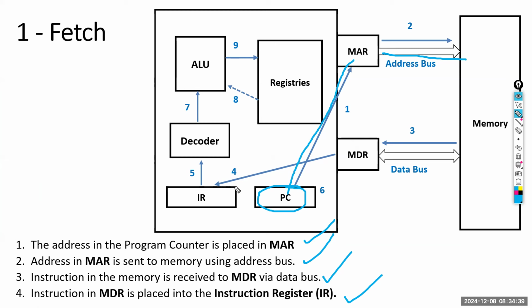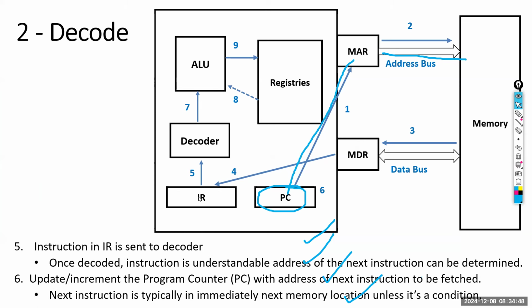Okay, so let's move on to the decode now. Now the instruction registry has the first instruction. It is sent to the decoder because this instruction is not yet a machine instruction, it is assembly code. And the decoder converts it to machine code.